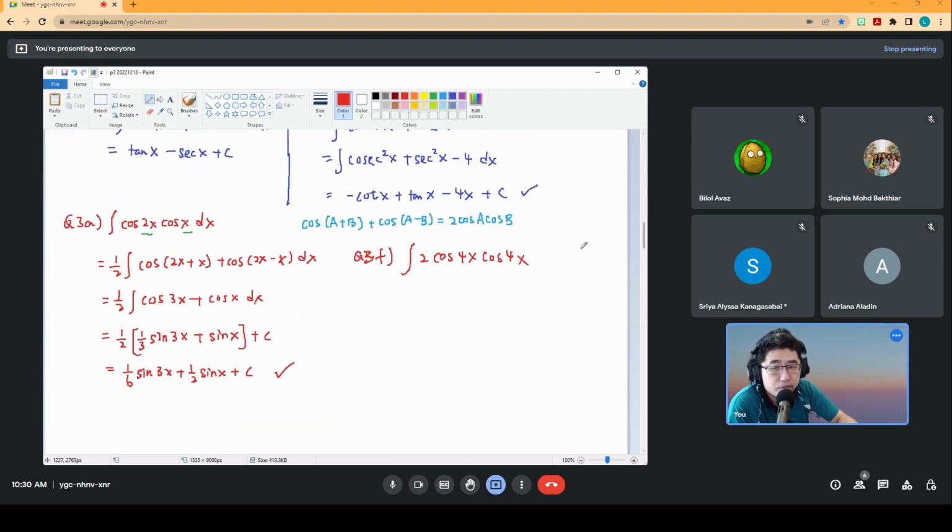Cos and cos again. But you will see that the difference is these two are the same thing. So that means if I want, I can actually rewrite the form as a square together.